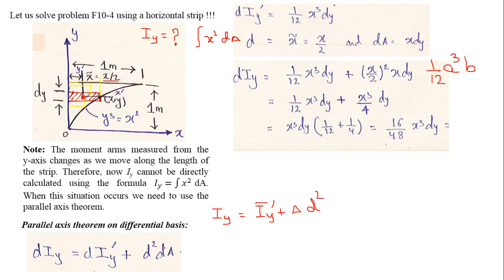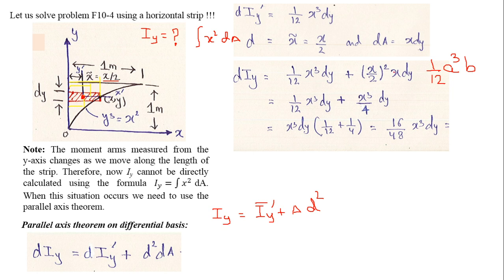So using the parallel axis theorem now, we can write that the second moment of area of this entire cross section about the y-axis is equal to the second moment of area about the centroidal axis of this differential element that we have considered, which is 1 by 12 x cubed dy, plus the distance between these two parallel axes, that is x by 2 squared, multiplied by the differential area of the strip element, which is equal to x dy.